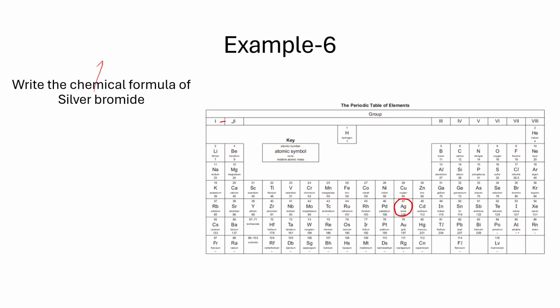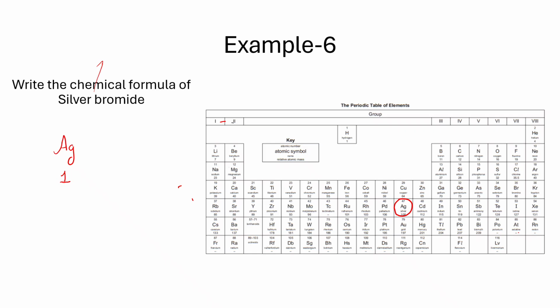That's because the valency that is most commonly shown by silver in its compounds is 1, as explained in the previous slide. So we write the symbol of silver, which is Ag, and we write its valency, which is 1. So this is something that you must commit to your memory.